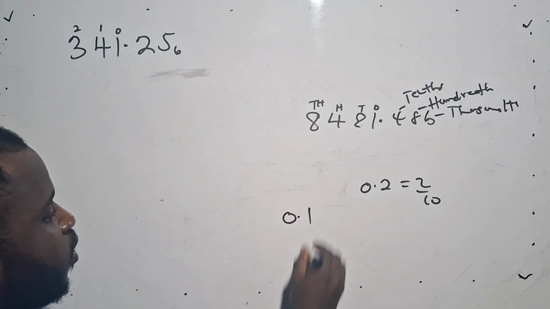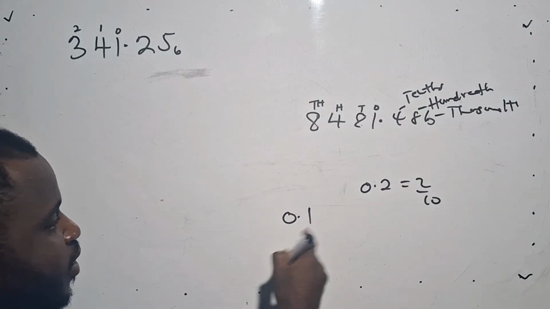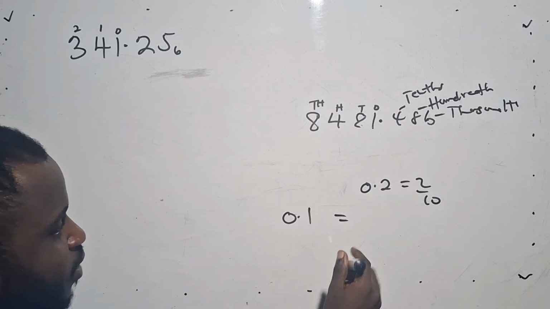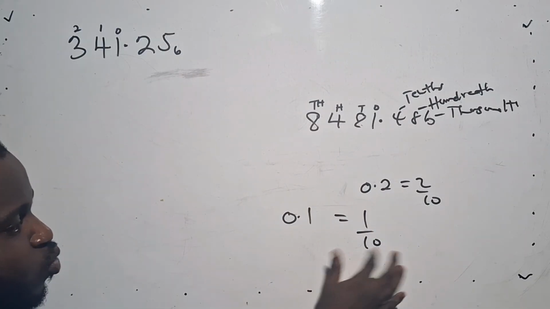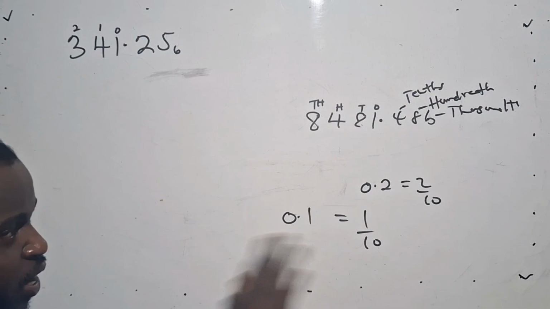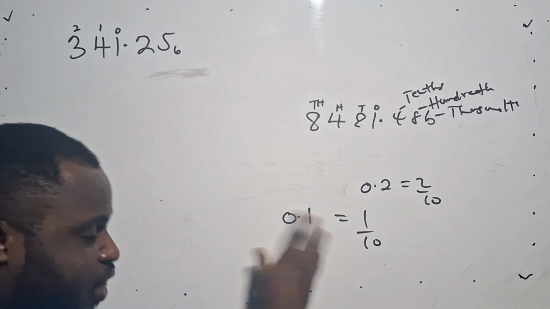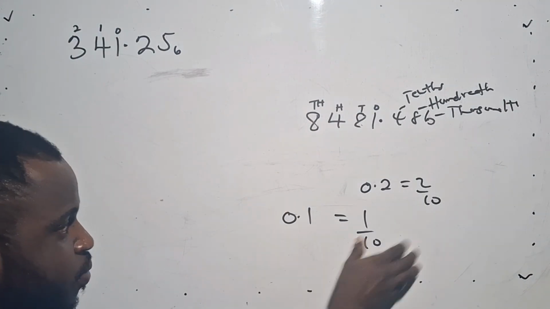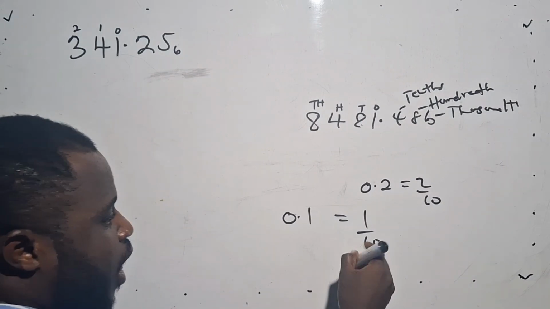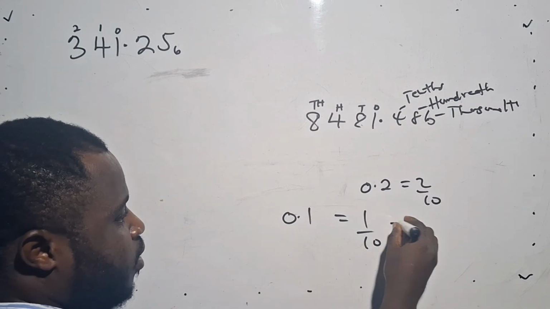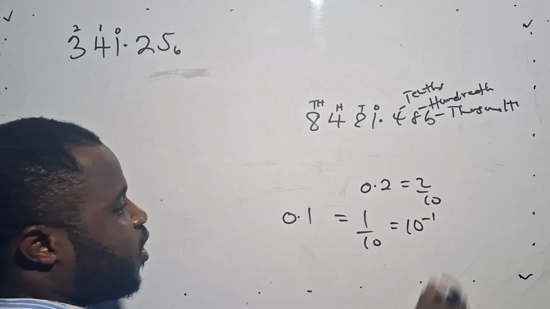If this is 0.1 in decimal, maybe this number is 1 over 10. This one is a decimal number, the number in tens. So if I want to write this one as a whole number, I'm going to write it as 10 raised to the power negative 1.